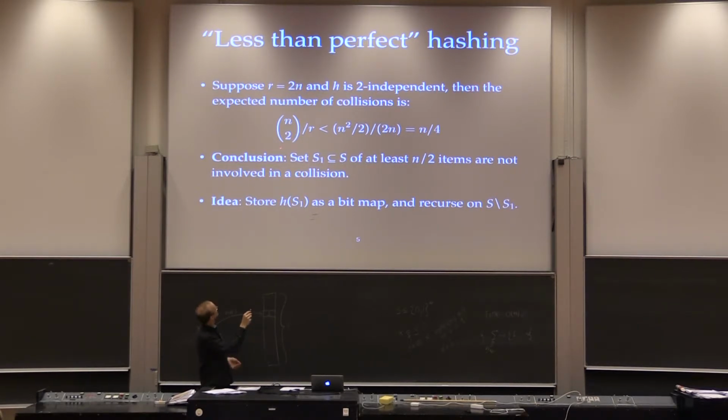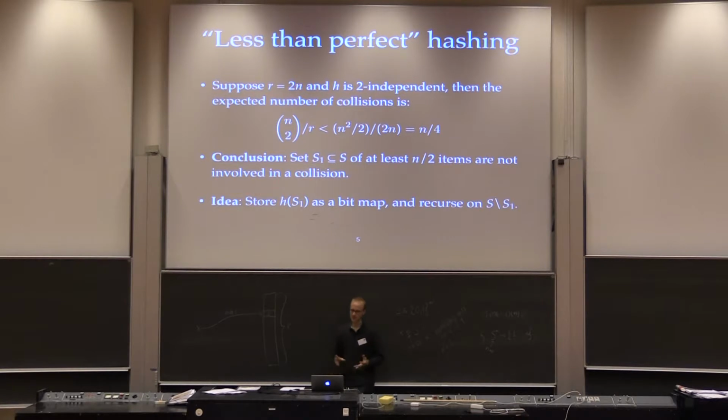If we bound the number of pairs by n squared over 2, we get a bound of n over 4. So we expect n over 4 collisions. Of course each collision involves two keys, so we expect at most n over 2 keys to be involved in a collision. Conversely, we expect at least n over 2 items that are not involved in a collision.